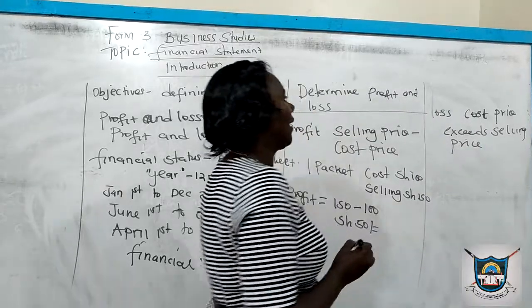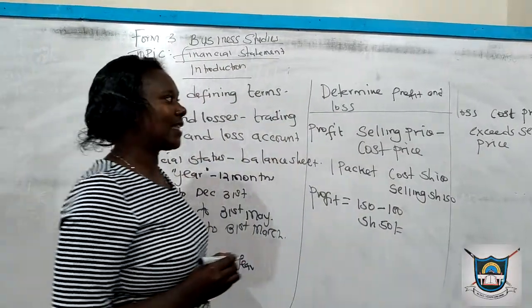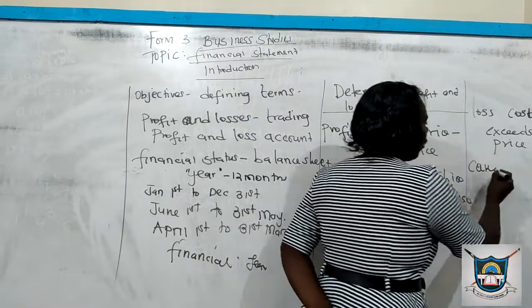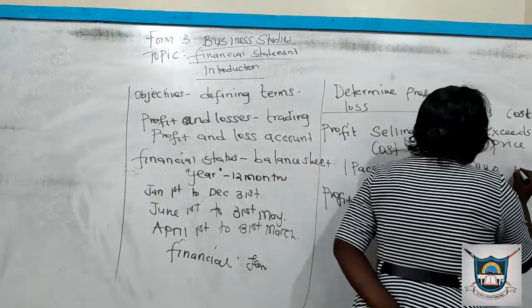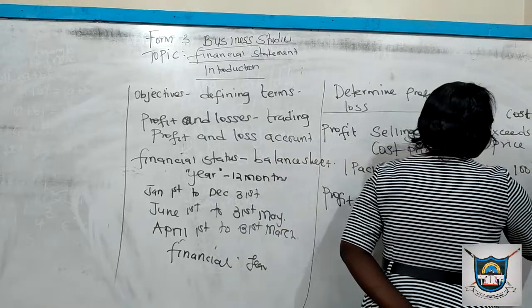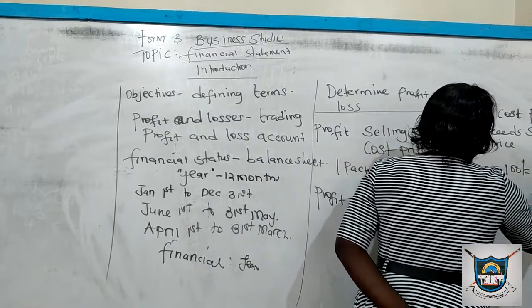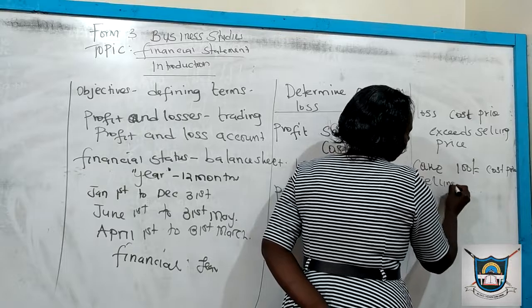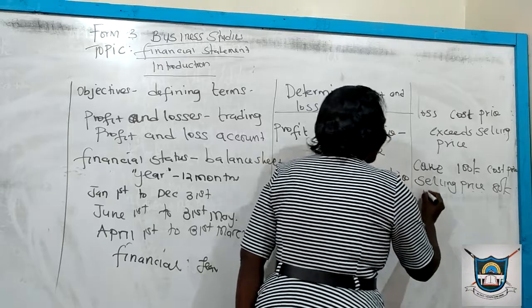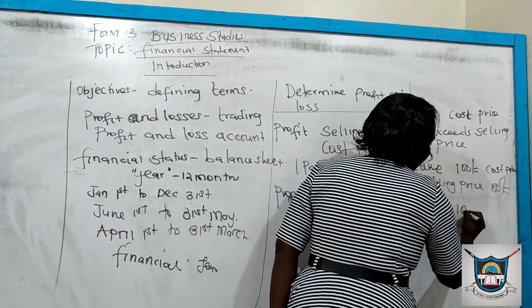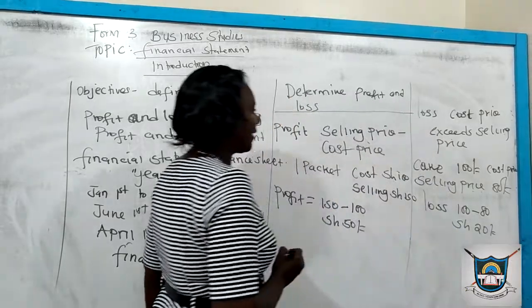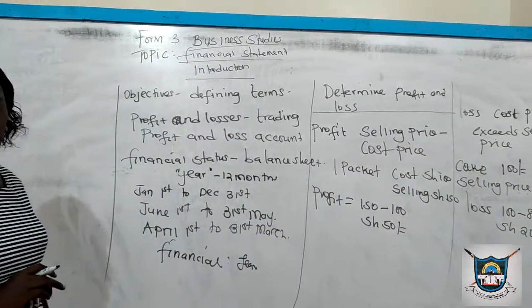For example, if the cakes made in the school cost the school, let's say a packet costs the school 100 shillings, this is the cost price. Then the selling price is 80 shillings. So in this case we will have a loss of 100 minus 80, which is 20 shillings. That is how we get profit and losses.